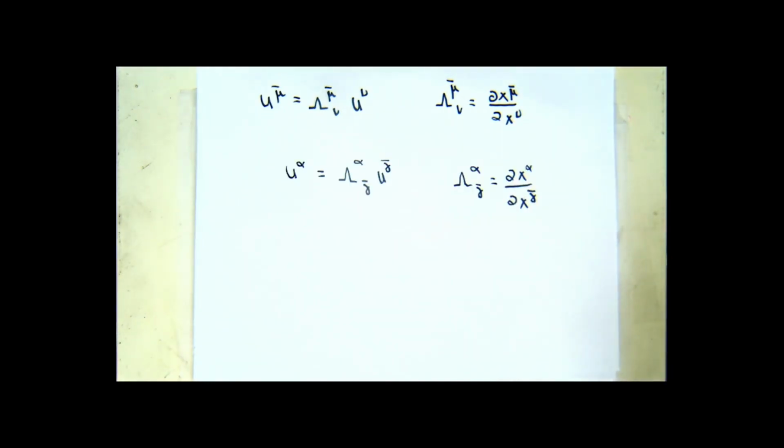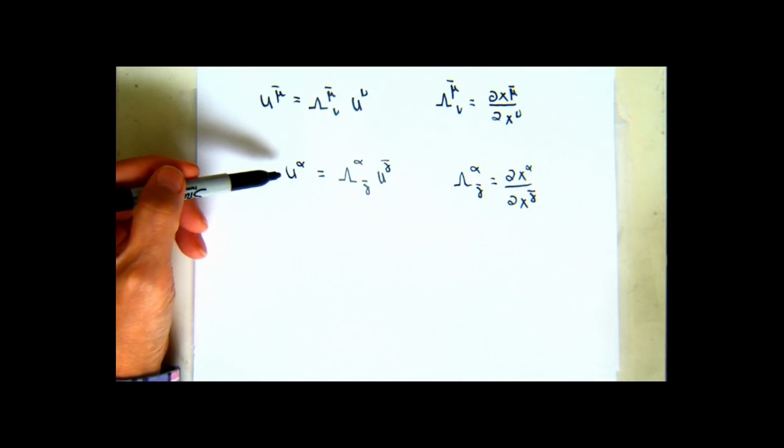Along the way, I've tried to emphasize the fact that it makes absolutely no difference which one of these inertial frames we call O and which one we call O bar. This is still true. Every comment that we've made so far can be made in the reverse sense.